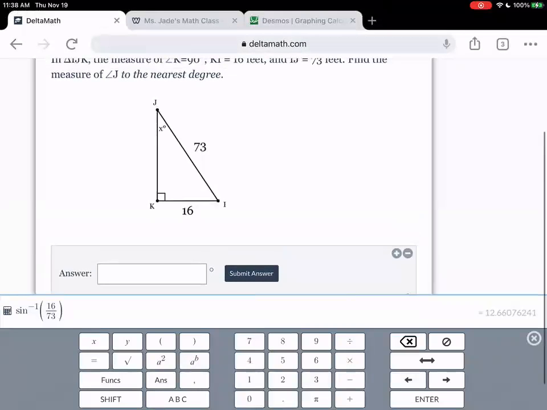We want to round it to the nearest degree. That's what Deltamath said. It says round it to the nearest degree. So it's 12.6. That 6 is a large number, so it should round up to 13. Our nearest degree is 13. So we rounded it up because the 6 is large. Are there any questions up till here? Okay. Submit.